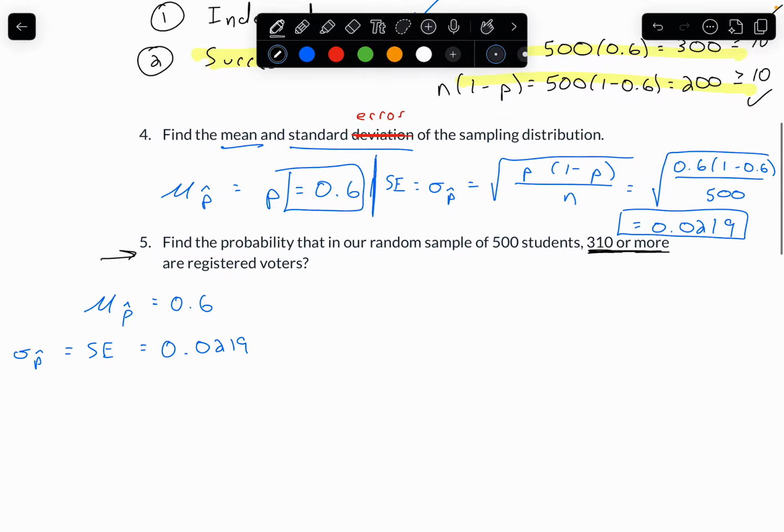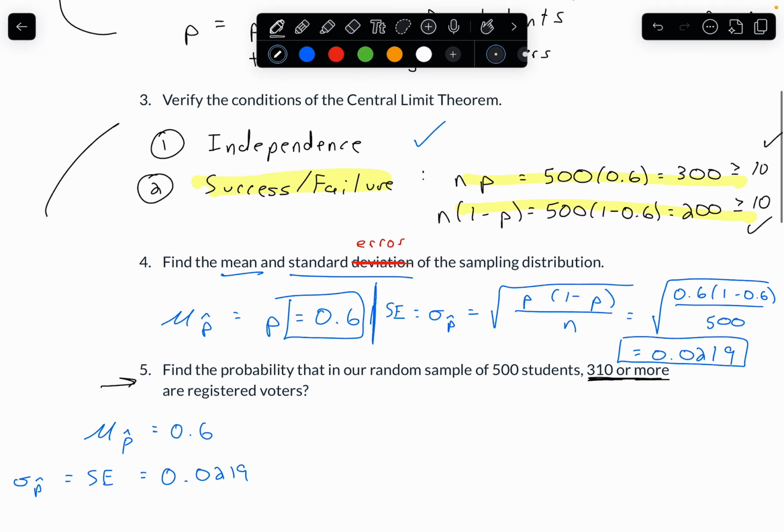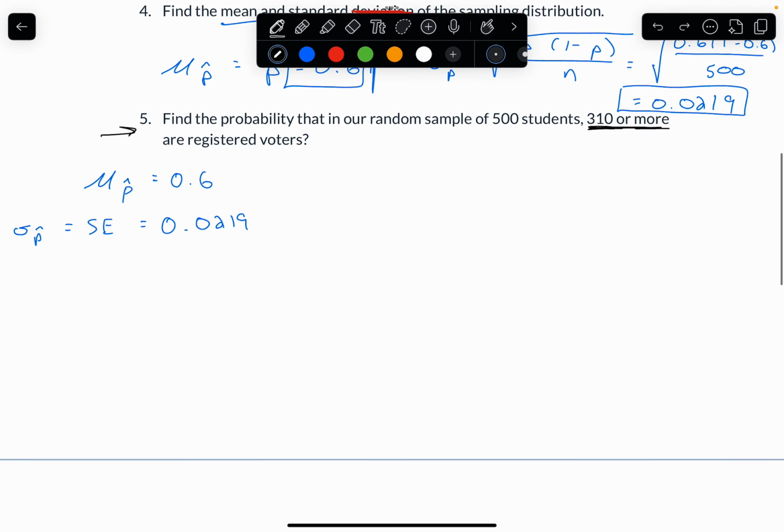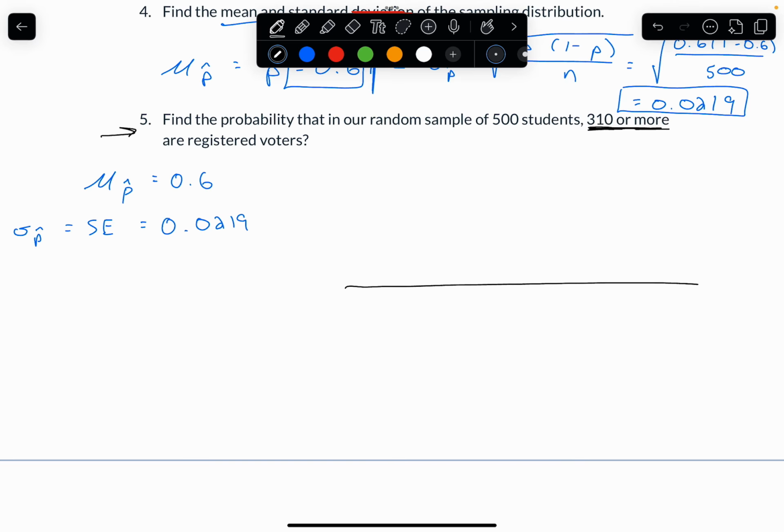We said that we did meet the conditions of the central limit theorem in number 3, which means that when we look at the distribution with this mean and this standard error, we get something which is normally distributed. So that means that we get to assume that we're working with a normal distribution, which is really nice because we know a whole lot about normal distribution from our last chapter.